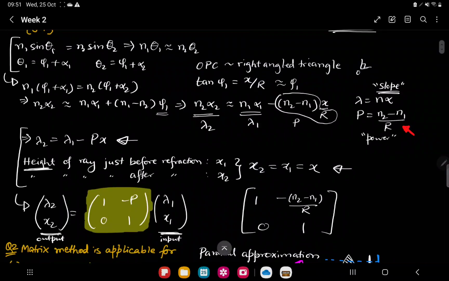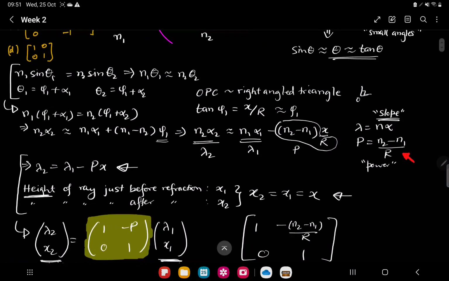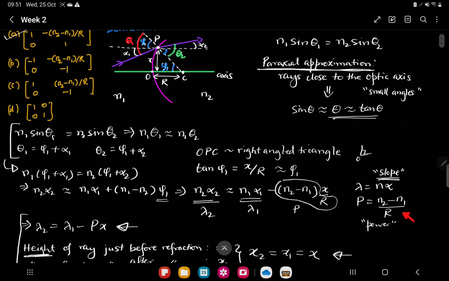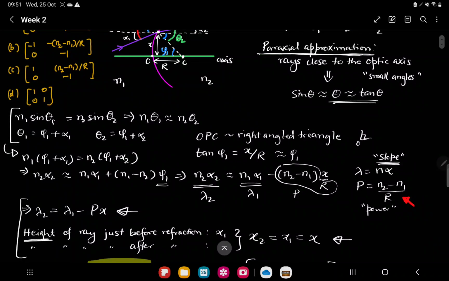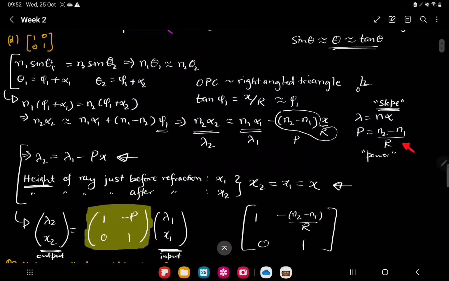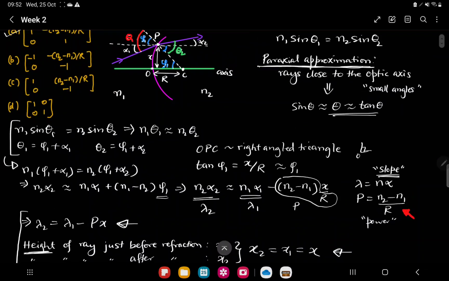And the input is in the form wherein we have two numbers: lambda, which is the slope of the ray, and x, which is the distance of the ray from the principal axis, the height of the ray above the principal axis.